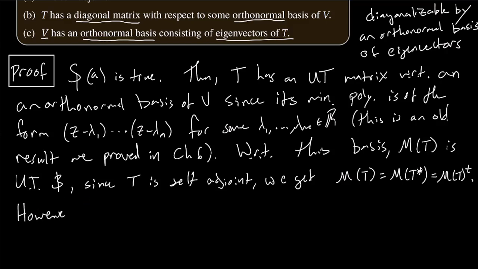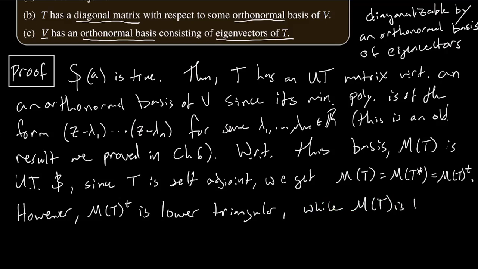Well, just think about this. So that's lower triangular, while the matrix of T is upper triangular. So the matrix of T must be diagonal. That is, the only type of matrix that is simultaneously upper and lower triangular is a diagonal one. Ooh.